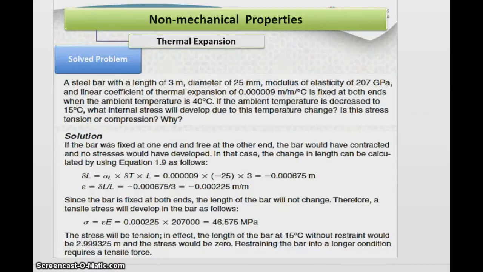Young's modulus is 207 GPa, and the strain is what you got in the previous step, 0.000225. You can write 207 GPa as 207,000 MPa. If you multiply it, you get minus 46.575 MPa.